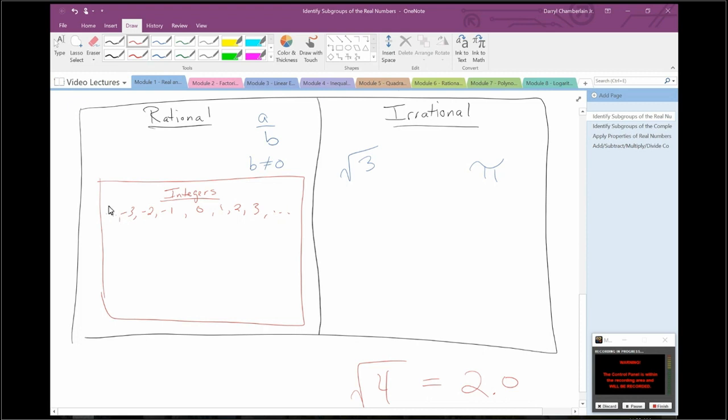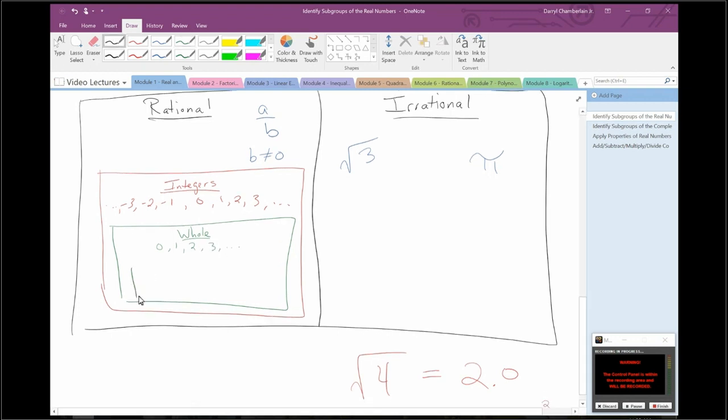And so we can write them as fractions, and the denominator is just 1. Smaller than that, we have these counting sets. The whole numbers, which is starting from 0 and counting up. And finally, the natural numbers, starting from 1 and counting up.